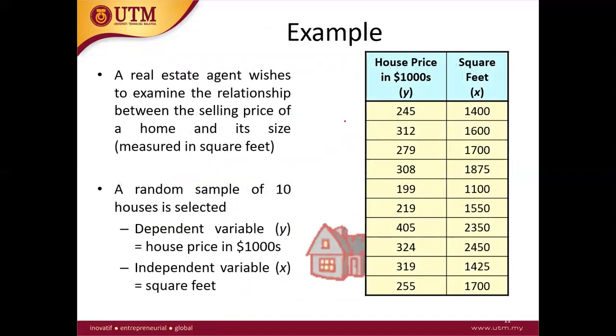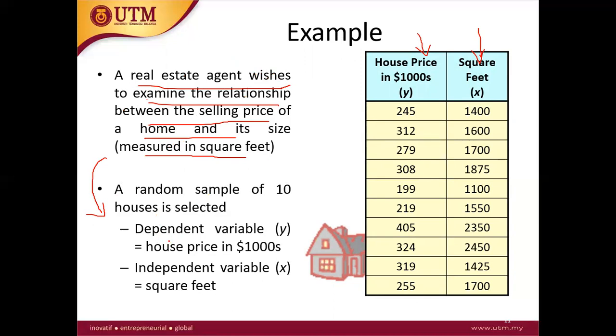Okay, we go to the example here. Two variables we consider are house price and square feet. So we go to the problem statement. A real estate agent wishes to examine the relationship between the selling price of a home and its size, measured in square feet. First, we need to define the dependent variable and the independent variable.